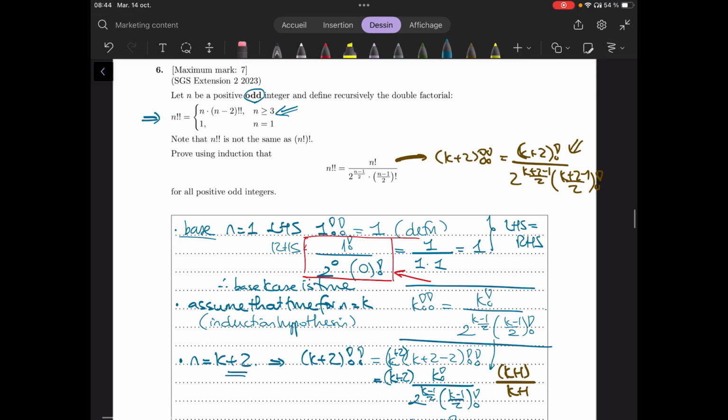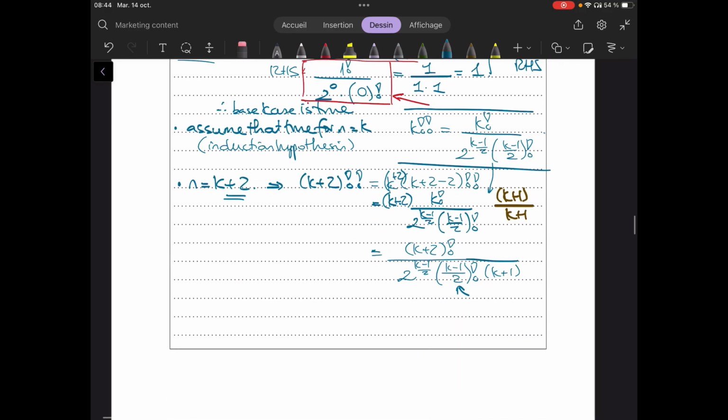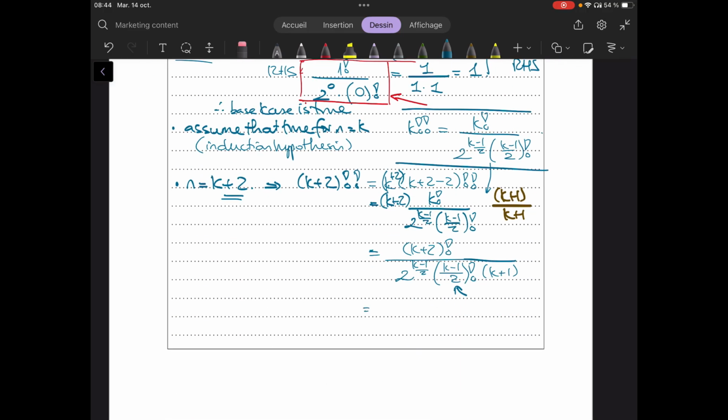The next term of this factorial is going to be k plus 1 divided by 2 factorial. And to get there, we have to multiply the denominator with k plus 1 divided by 2. We already have k plus 1.